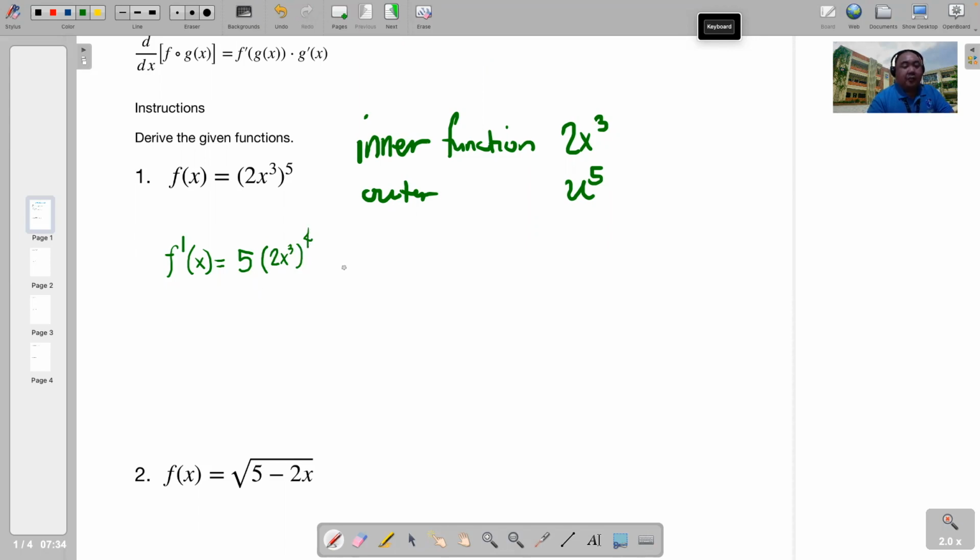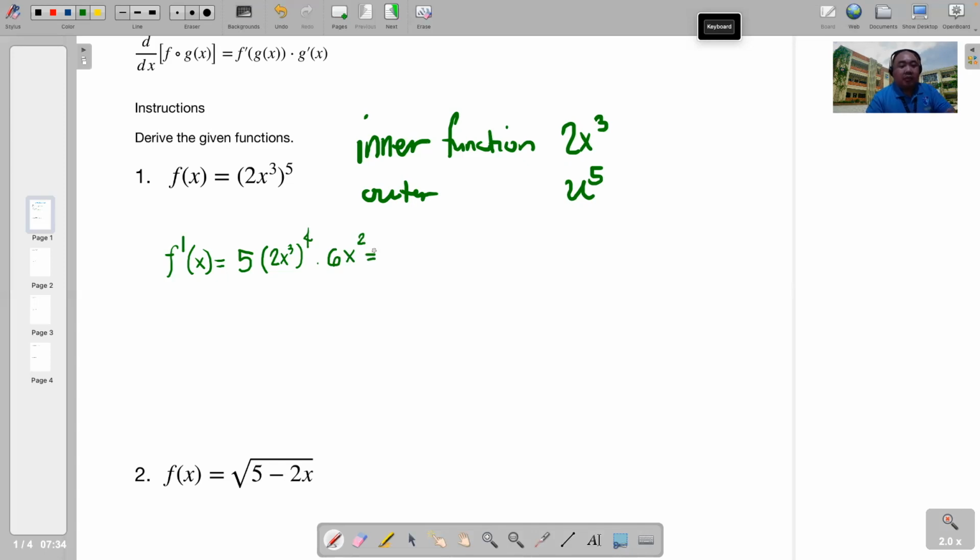All right, so you just applied the power rule. And then, according to the chain rule, you have to differentiate also the inner function. The inner function is 2x cubed, so the derivative of that is 2 times 3, 6x to the 2, or 6x squared, again using the power rule.